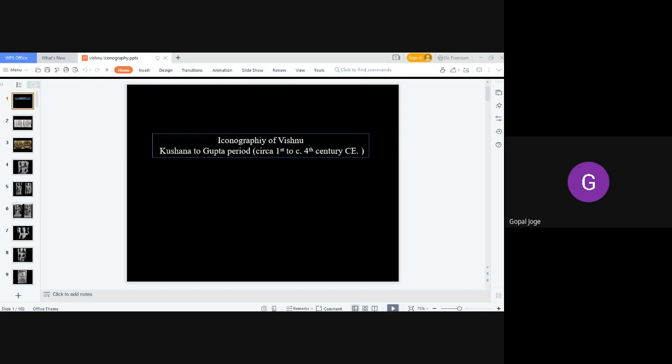So on the basis of this epigraphic record, we can see how the Pancharatra sect was formed.